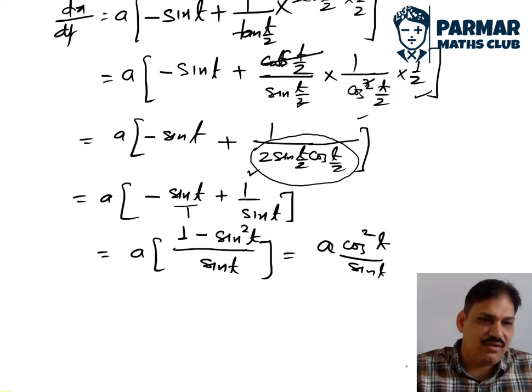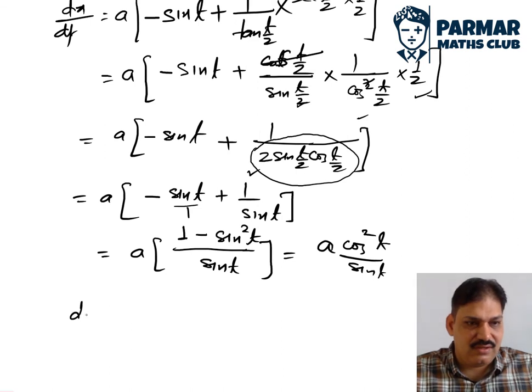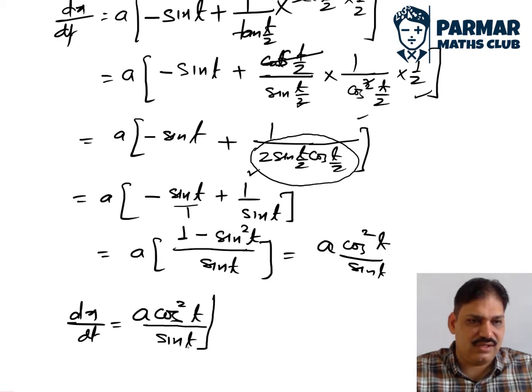So we have got the value of dx by dt. The derivative of x with respect to t is equal to a times of cos square t upon sin t. Alright, this is the derivative of x with respect to t.